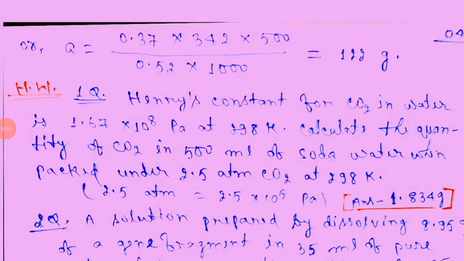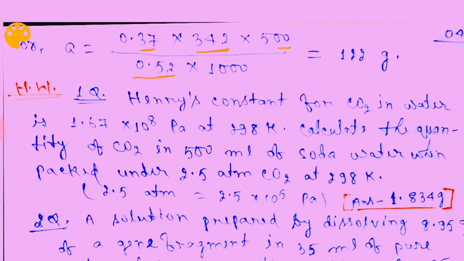Now A is equal to 0.37, it is the value of elevation of boiling point, into 342, that is the molar mass of sucrose, into 500, that is mass of water, by 0.52, that is molar elevation constant, into 1000.